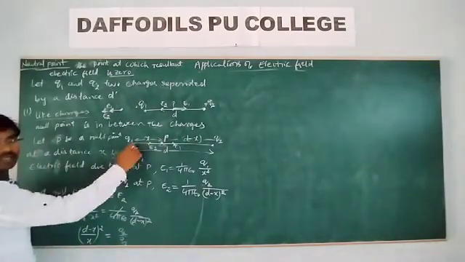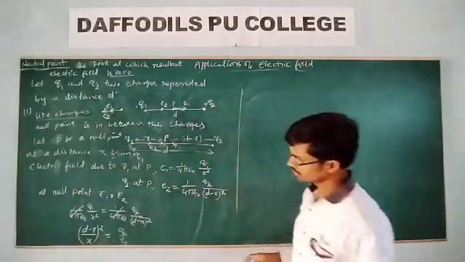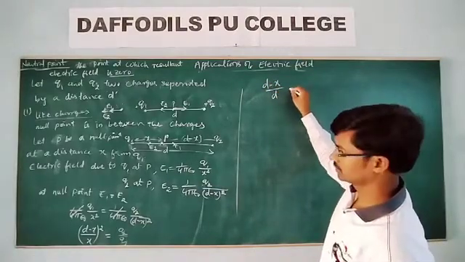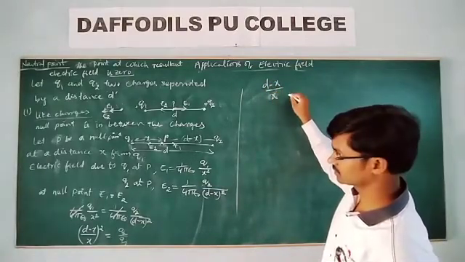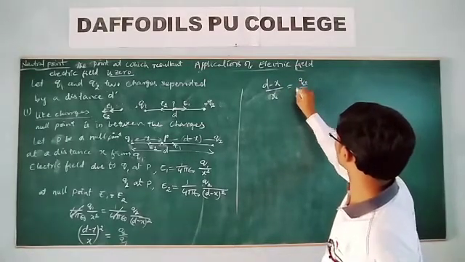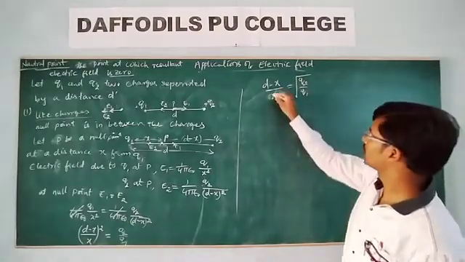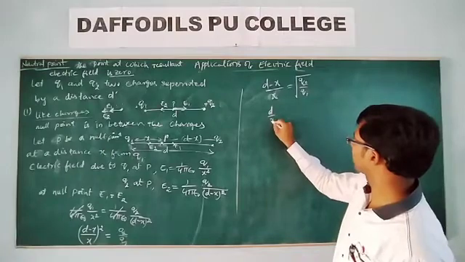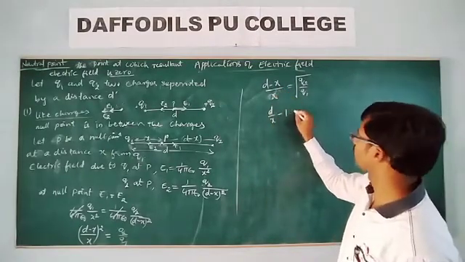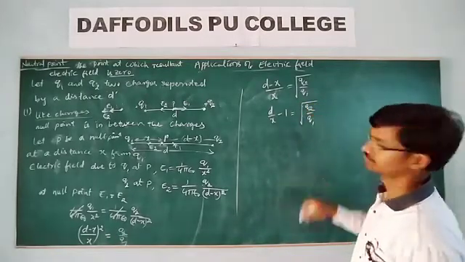But we need to calculate what? The distance of the null point, the x value. So taking root on both sides, (d minus x) by x is equal to root over q2 by q1. That is d by x minus x by x, that means 1, is equal to root over q2 by q1.